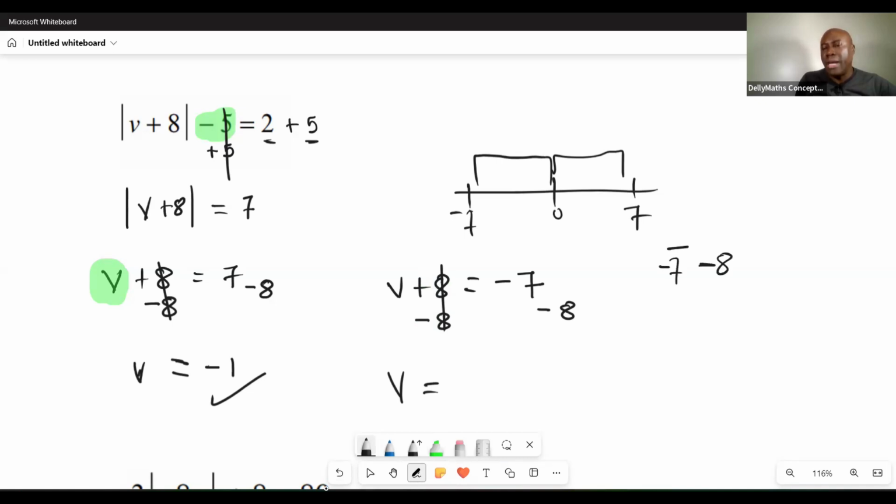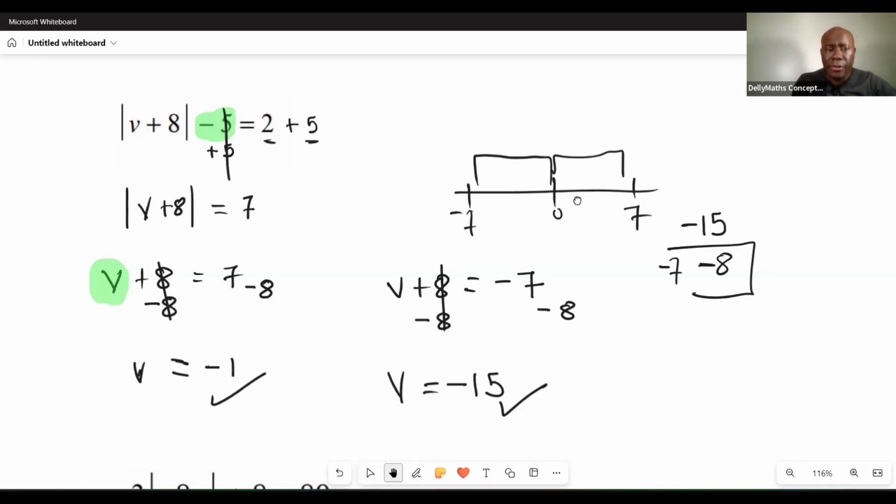So -7 minus 8 will take us to -15. So we're left with -15 right here. So that's our second solution. So our two solutions are as follows. V is equal to -1, v is equal to -15.